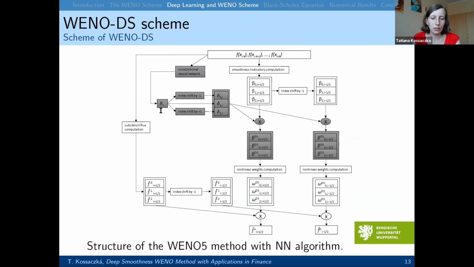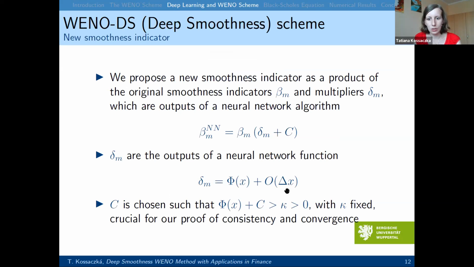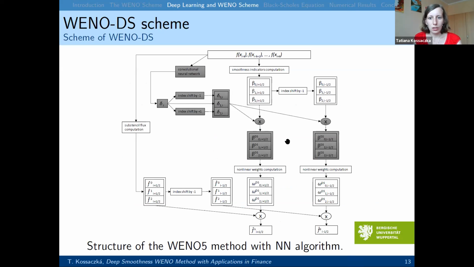And we define these deltas in a way that we shift this index i just by -1 or +1 just to get this O of delta x. So then this formula holds, and then we just multiply the original betas with these deltas. Then we have new smoothness indicators, and then everything remains the same.